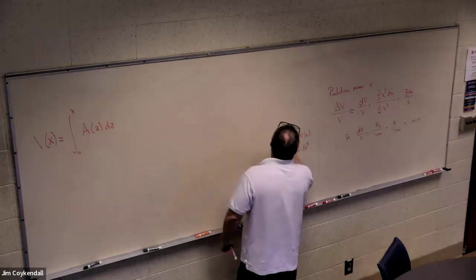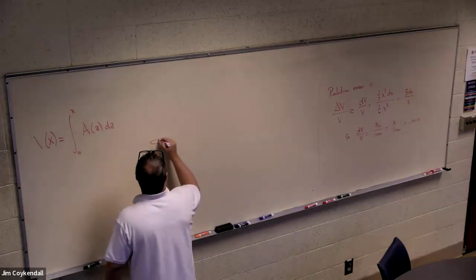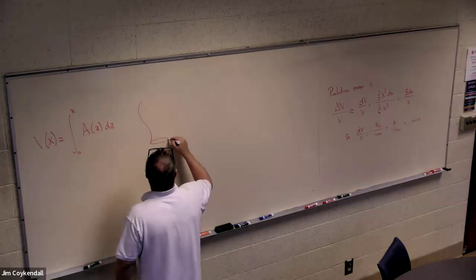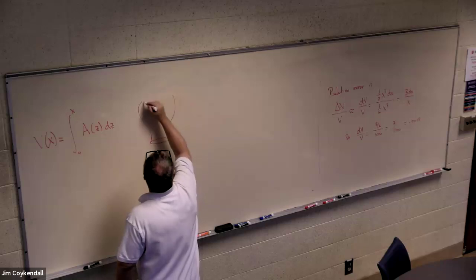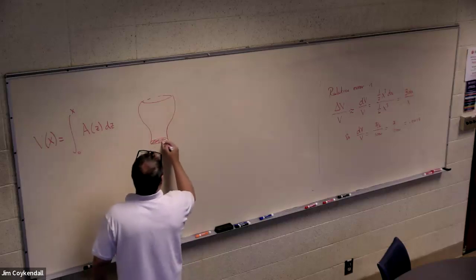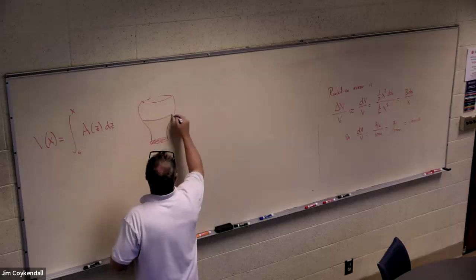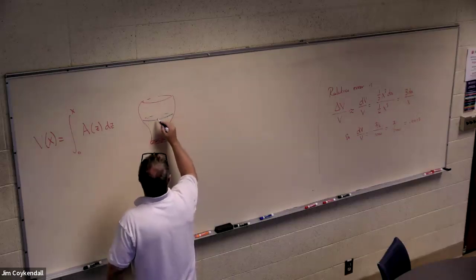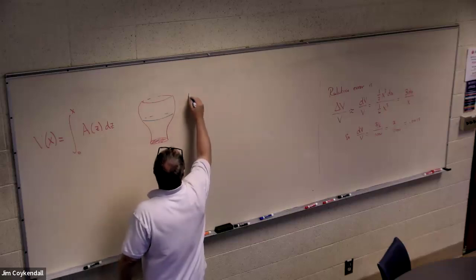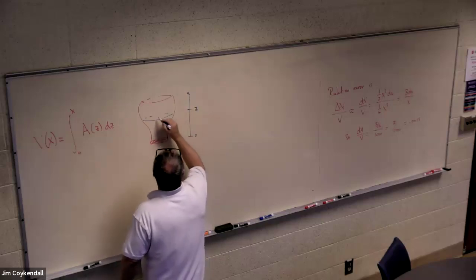So you've got some kind of cup here, and it could even be one of those fancy pub glasses. As you fill this up, you have a cross-sectional area at height Z, A(Z).